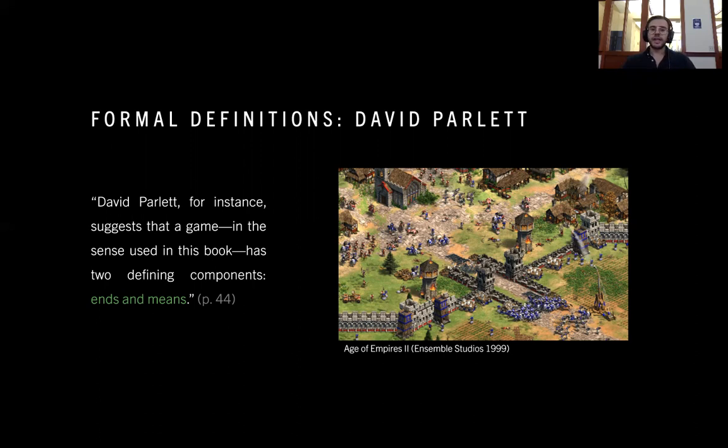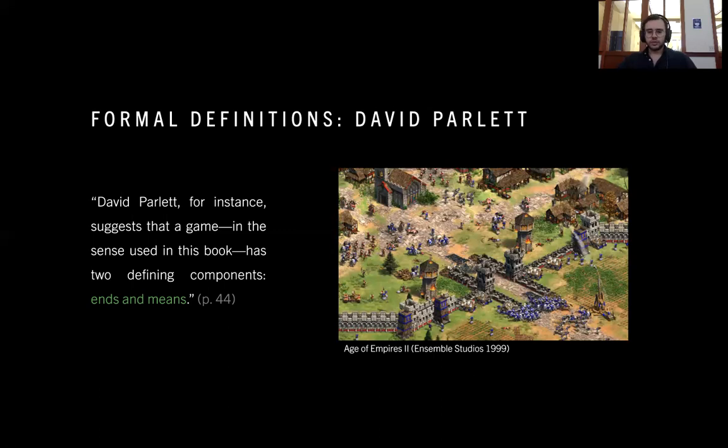However, you cannot just defeat your enemy. There are certain means that the game provides you with in forms of rules and possibilities, and these means are our means to play the game, to eventually win the game.